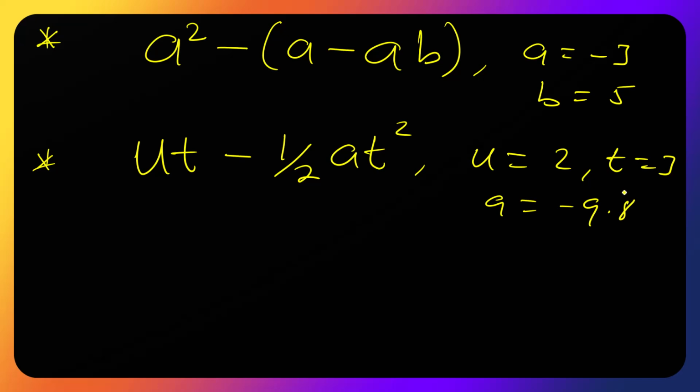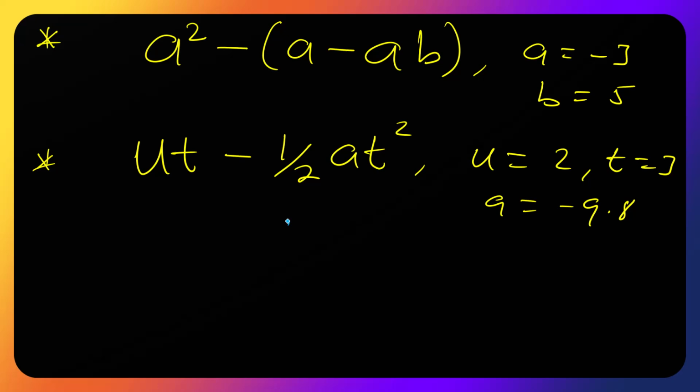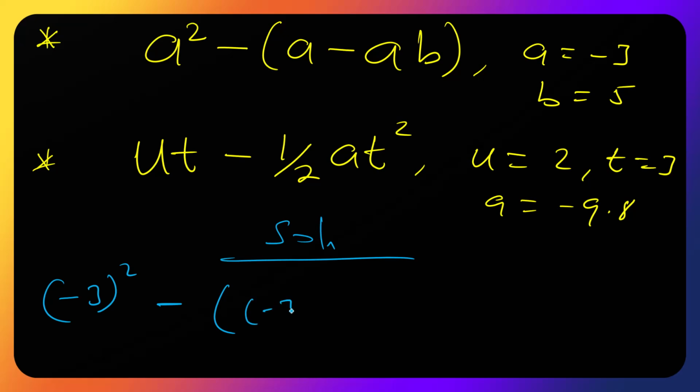All right. So let's look at the following. Let's start with a squared minus a minus ab. A is minus 3 and b is 5. So from here, a squared will be minus 3 squared, minus a is minus 3, and b is 5.